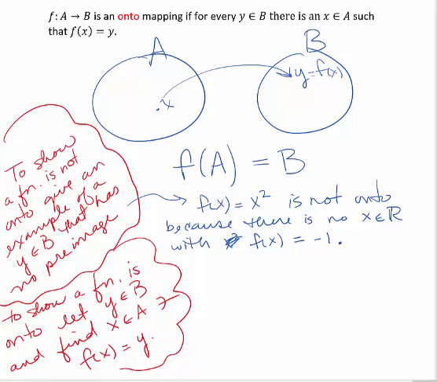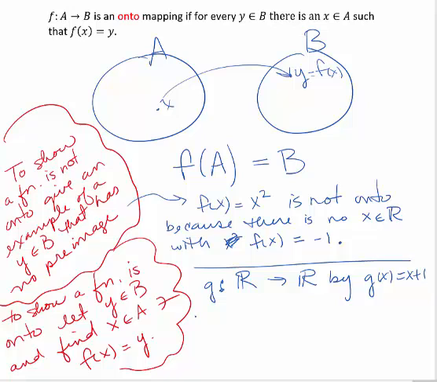None of the negative real numbers have pre-images, so f of R is not all of R. Now to show that a function is onto, let me make up, let's say g maps R to R by g of x equals x plus 1. That is going to be onto.